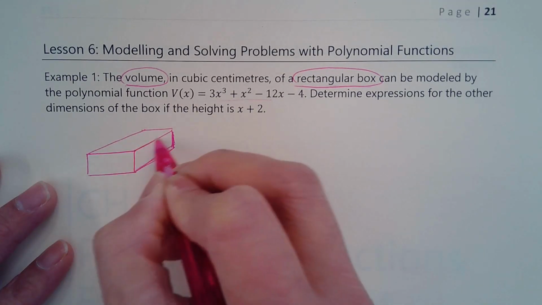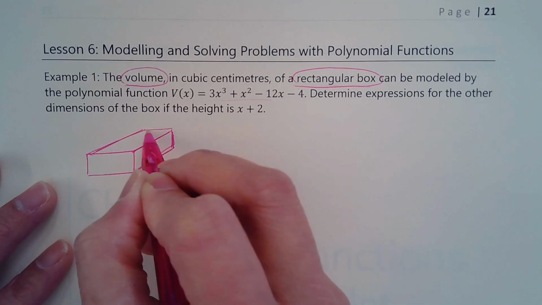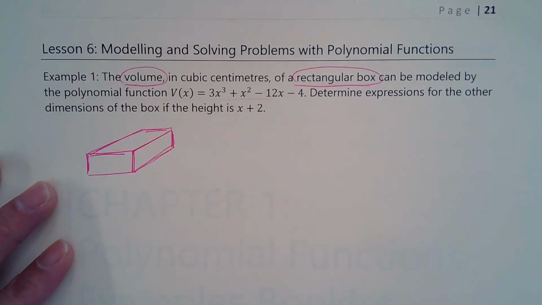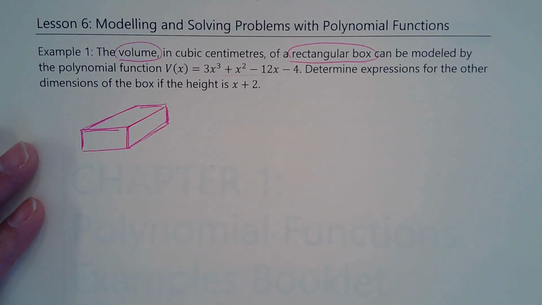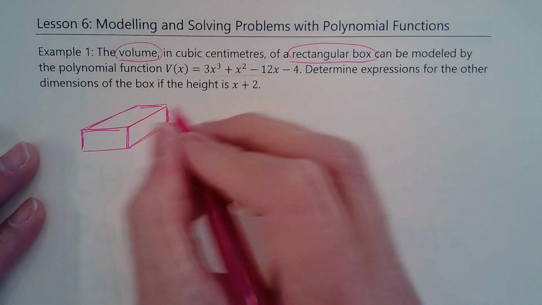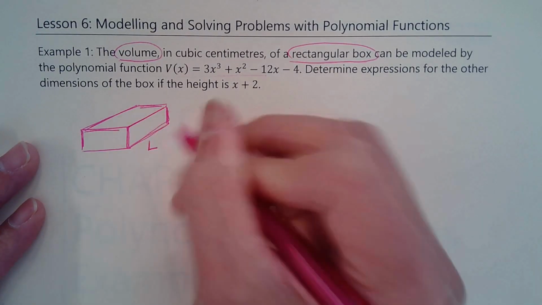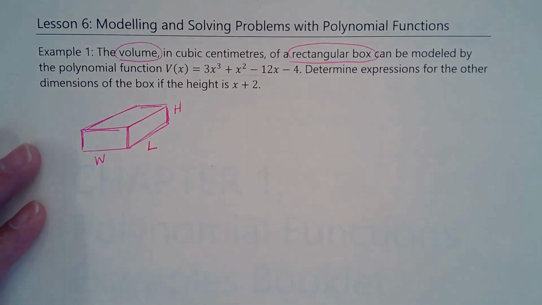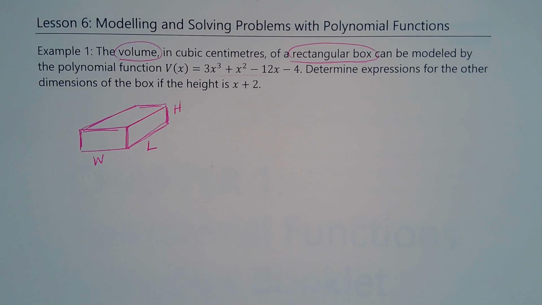This side and this side are equal, this side and this side are equal. This is your height. So this one would be your length, this is your width, and then the height. Because it's a rectangular box, it's a three-dimensional figure: length, width, and height.